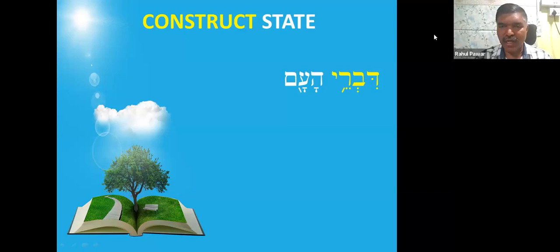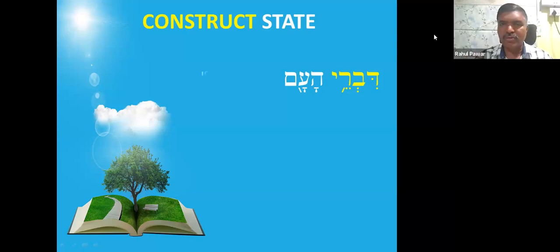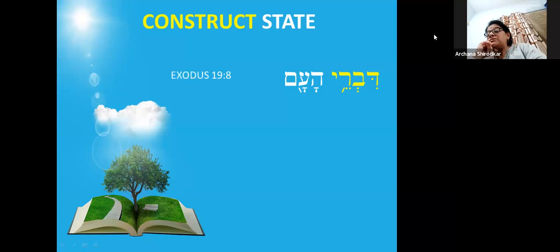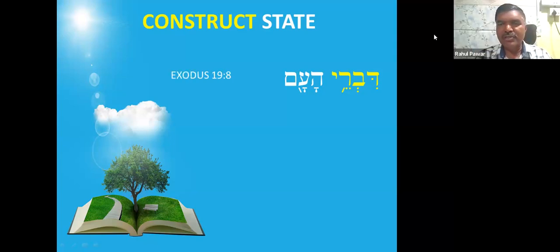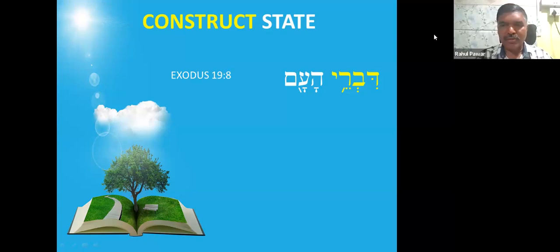Everyone say Divre Ha'am. Words of the people. Also note over here, Divre is the word in construct state, whereas Ha'am is the word in absolute state. Or Divre is the word in pregenitive, and Ha'am is genitive. So vowel pointing changes undergo in the words in construct state, not the words in absolute state.